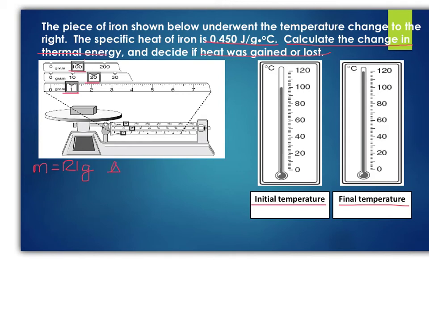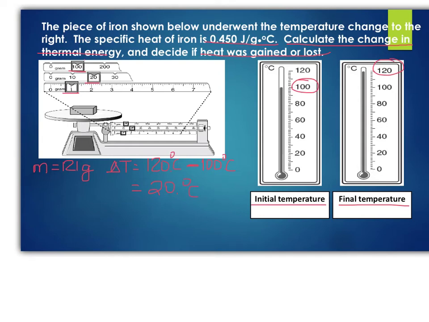Then we can calculate delta T, the change in temperature, because our final temperature was approximately 120 degrees Celsius minus our initial temperature, which is approximately 100 degrees Celsius. And that gives us 20 degrees Celsius.